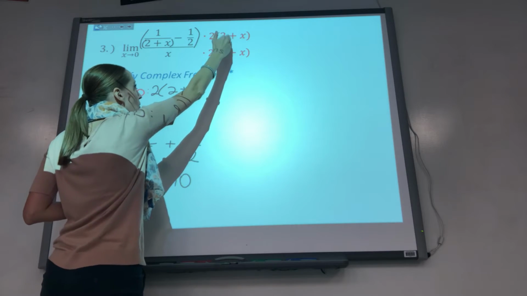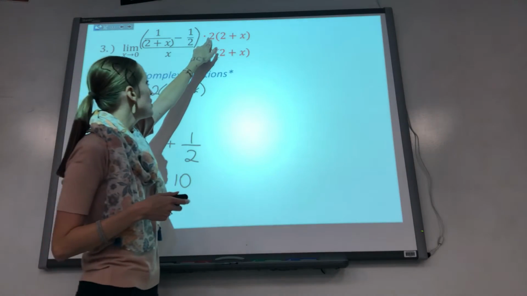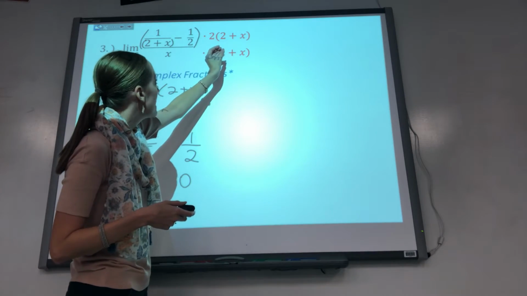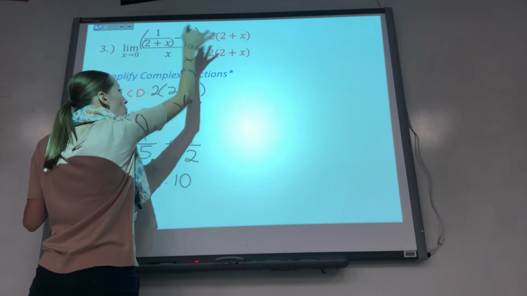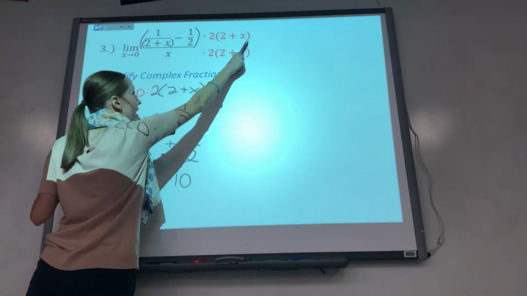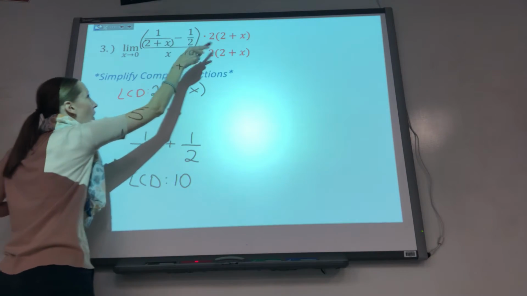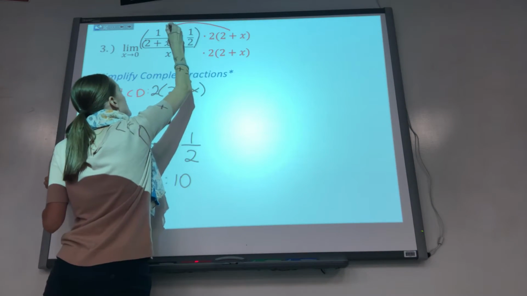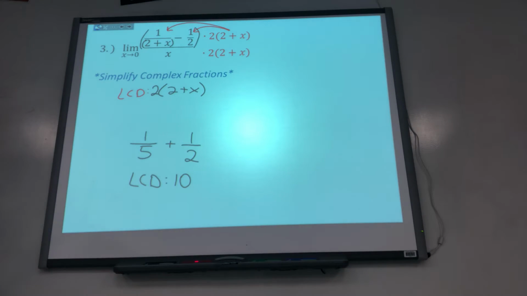I know you see the plus right there and it looks like two different things, but since the 2 is being multiplied by the 2 plus x, that's technically just one term. And so if you have one term times a binomial, you're going to have to distribute that one term to both of those terms in the binomial.